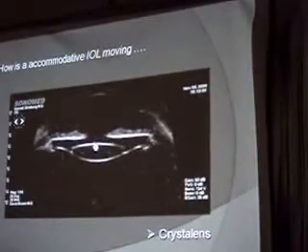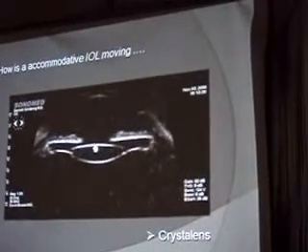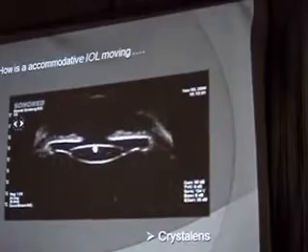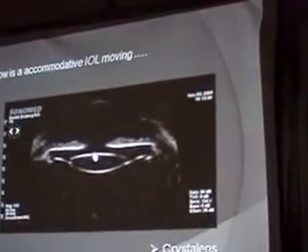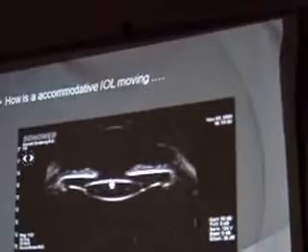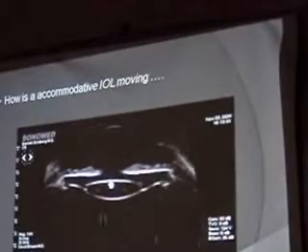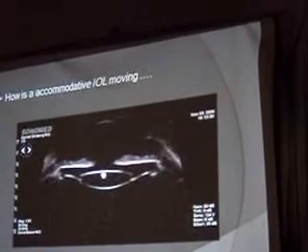Because this patient is a happy camper. He reads J1, J2, J3, I don't remember. He's not wearing frames. He's reading without lenses and having a perfect 20/20 vision on far vision. Means that it's a perfect patient, it's a perfect movement, but we cannot find an explanation why this lens is moving.